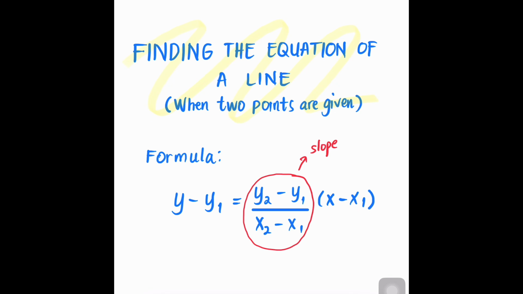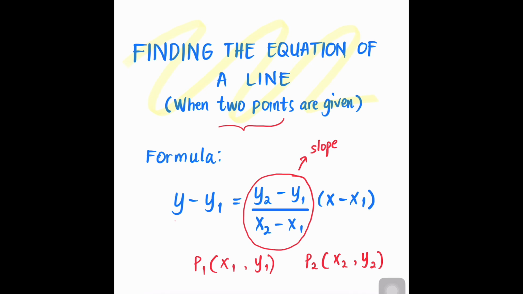So all the values that we will be substituting to the formula will be coming from the two given points. So we will be given point 1 with coordinates x sub 1 comma y sub 1, and the second point with coordinates x sub 2 comma y sub 2. So whatever values will be in there will be substituted to the formula.